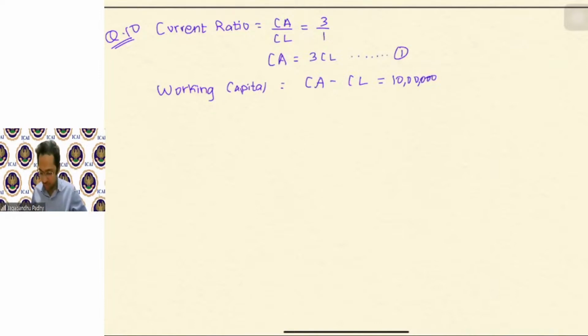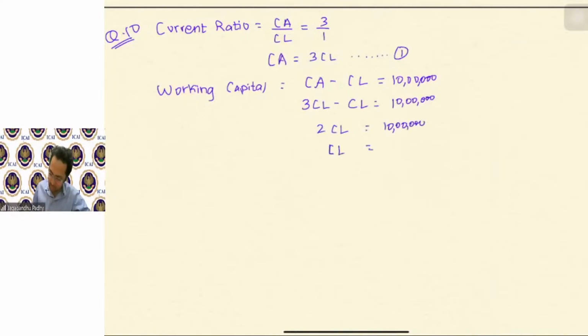When we subtract, 3 current liability minus current liability is 10 lakh. 2 times of current liability is 10 lakh. So current liability is 5 lakh.